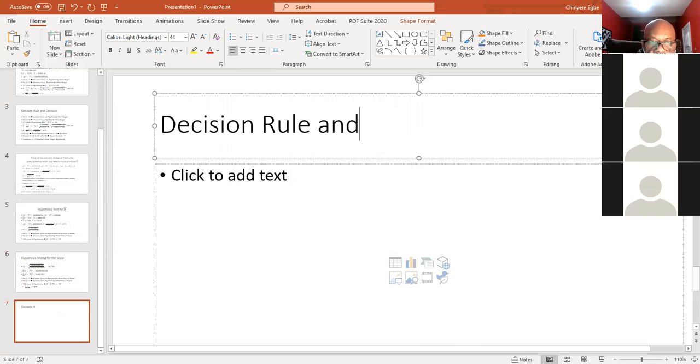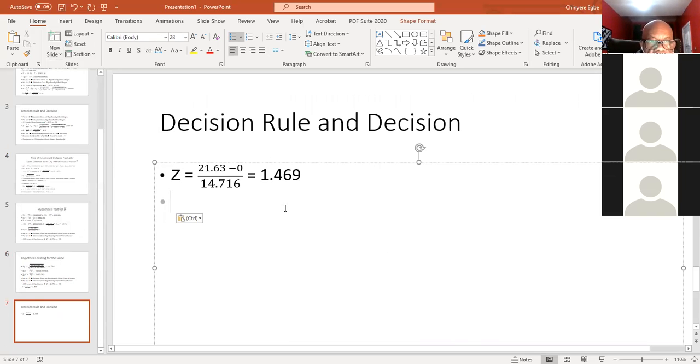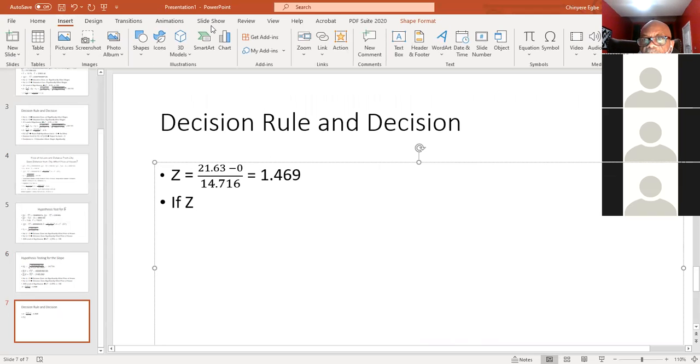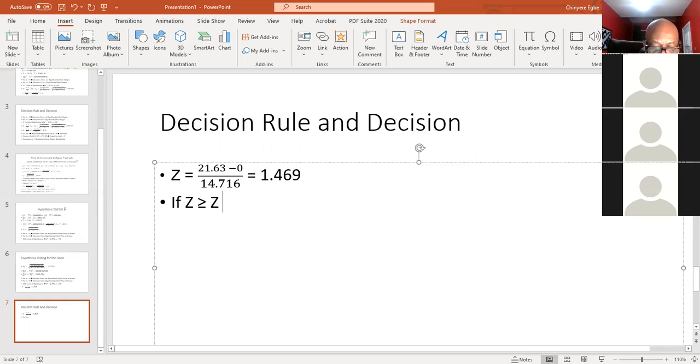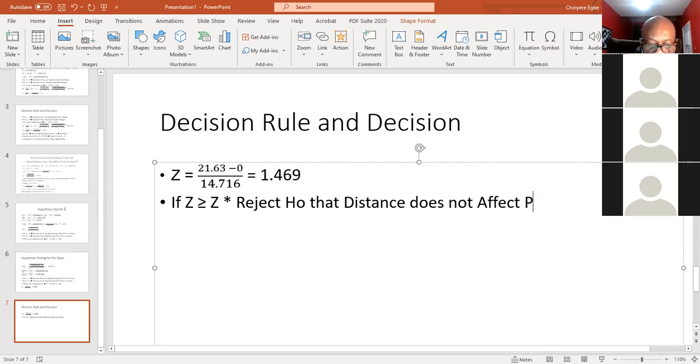Decision rule and decision. If Z is greater than Z star, you reject the null hypothesis that distance does not affect price.